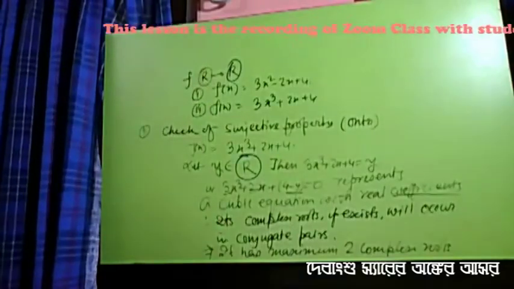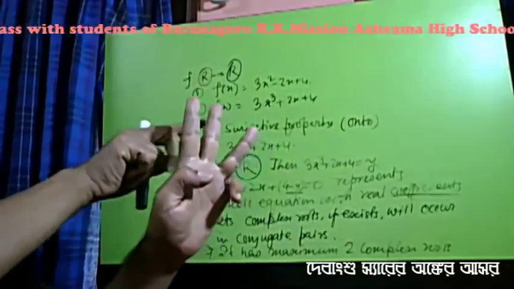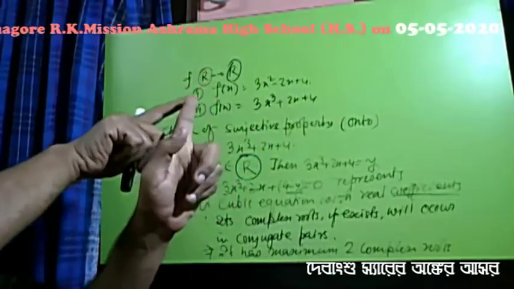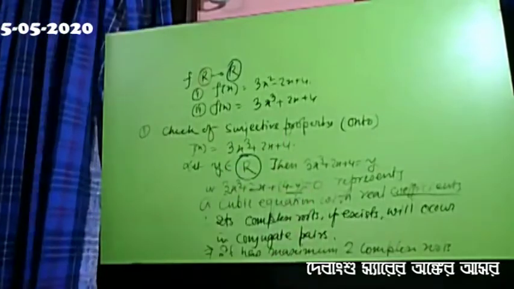So what will be the rest? The rest one must be a real number. There are 3 roots, out of which 2 can be complex, so the third one must be real.